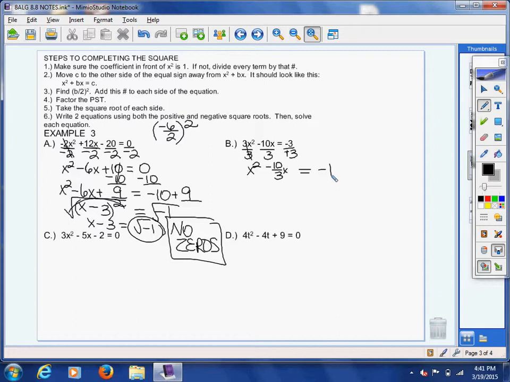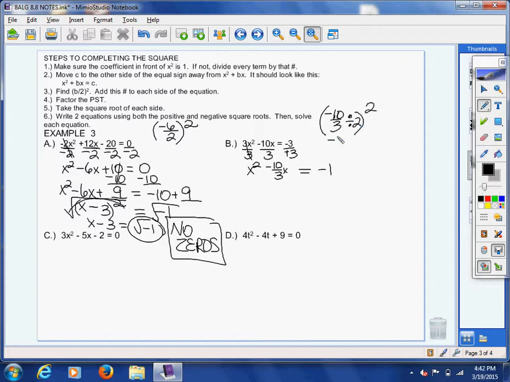So we have to find the number to add to each side. This is hard because B is a fraction. We have to take negative 10/3 and divide it by 2 before we square it.